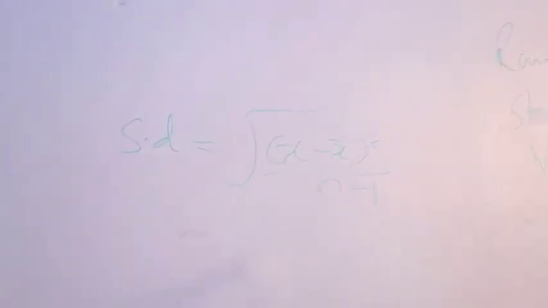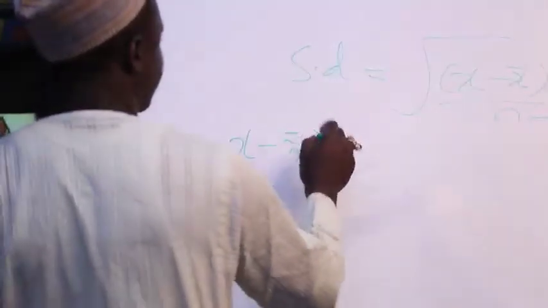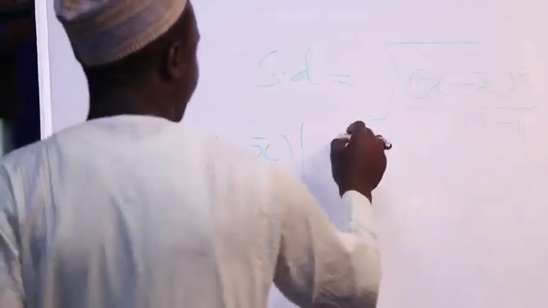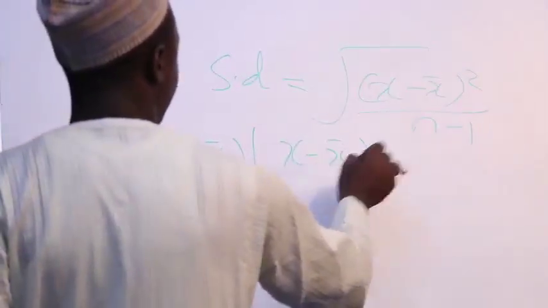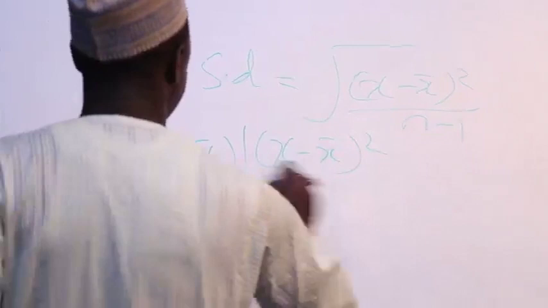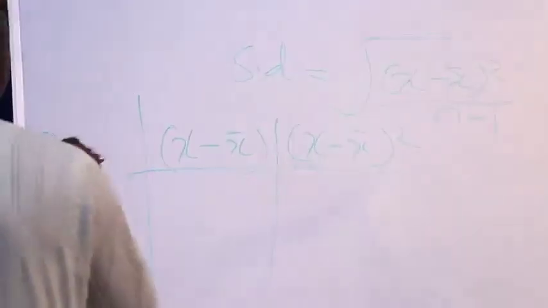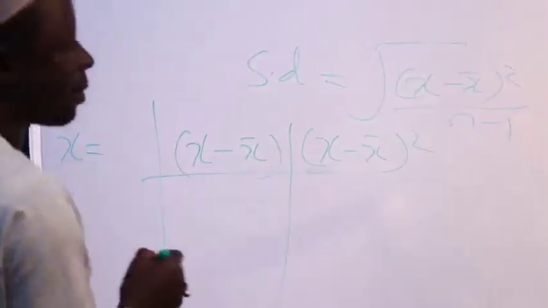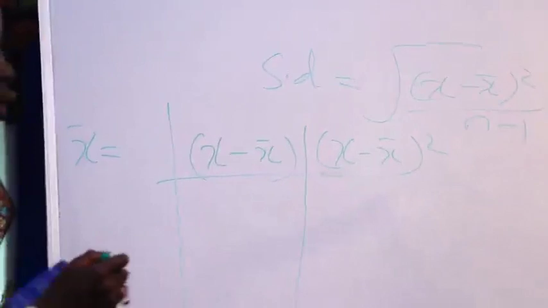We already know our mean, so we just describe in brief how you calculate it. So we have our x minus x bar as a table, then we have x minus x bar squared. We already know that our x bar is equal to 47.2.